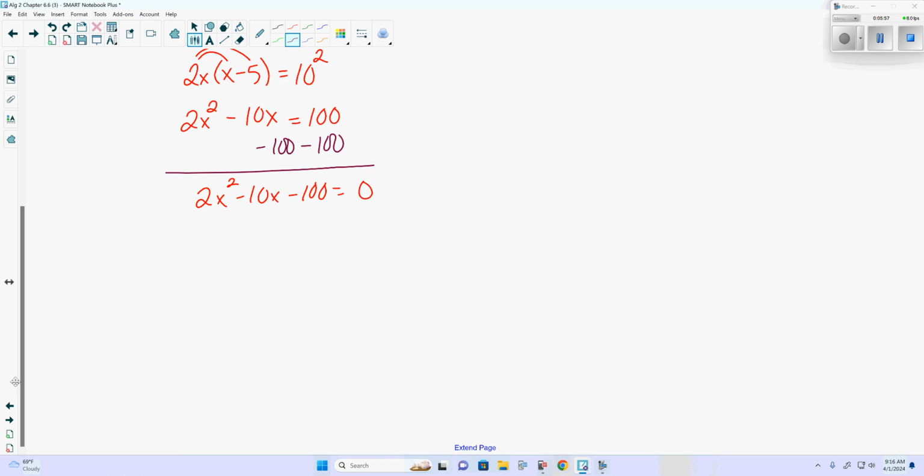Looking at this here, we do have a number in front of x squared, so there's a good chance there might be fractional answers. Is there a greatest common factor between 2, 10, and 100? 2, yes? So to make this easier to work, we could remove that 2 from the whole equation. Do we still have that number in front of x squared? No. So if we're going to have solutions, most likely they're going to be integers.